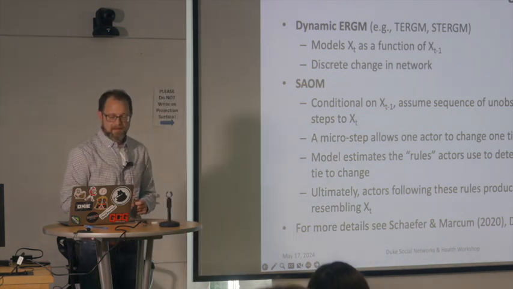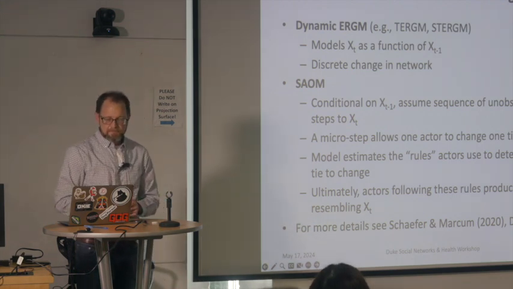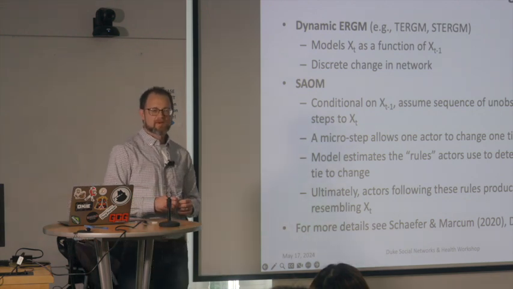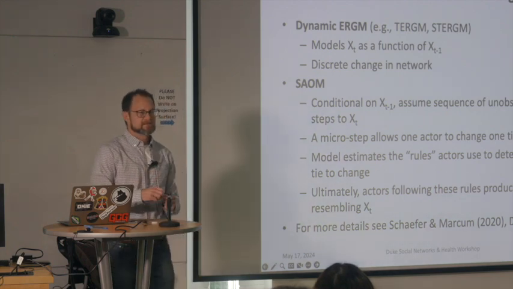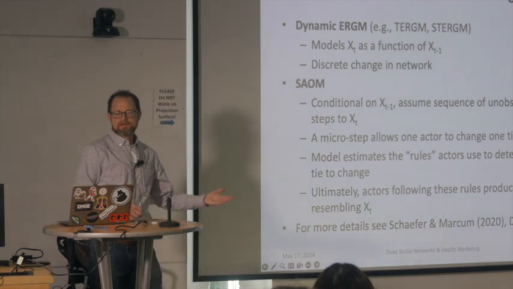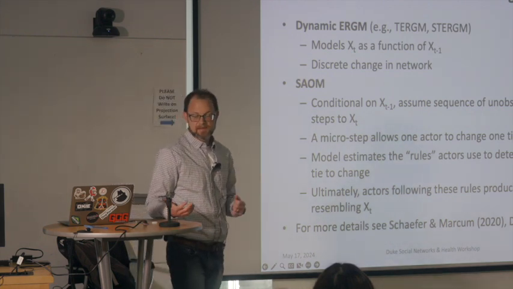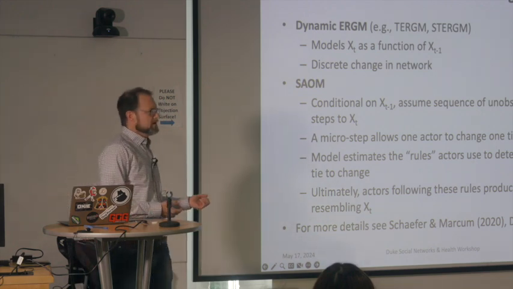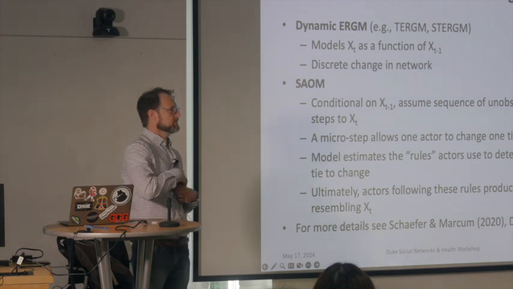Eventually, if our model fits well, then over a long series of these changes, we get a network at time two that looks a lot like the network we observed at time two in some important ways. This is a way of implementing an MCMC algorithm, taking it down and implementing it from the actor's perspective.